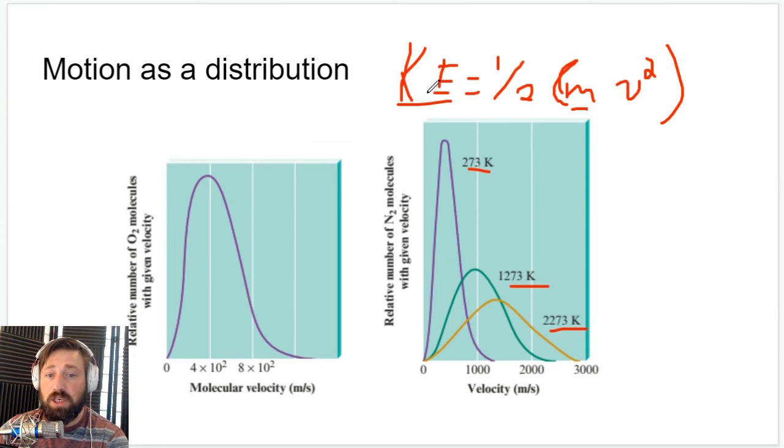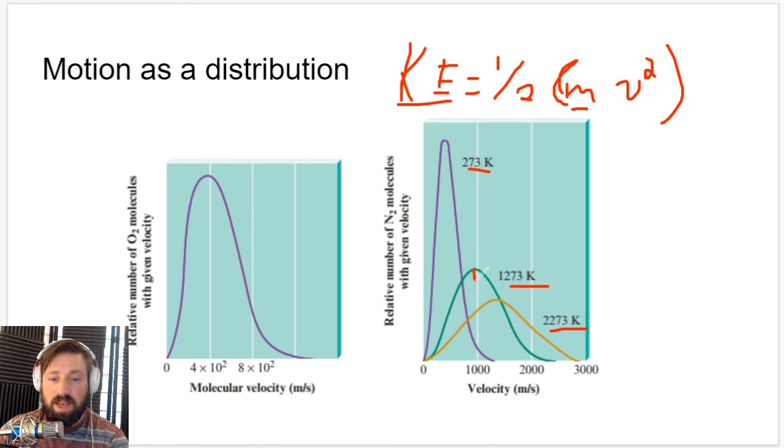Remember, kinetic energy, or temperature, they're the same thing, is made up of two separate things, mass and velocity. In this case, our mass isn't changing. So if I'm increasing the temperature, increasing the kinetic energy, the velocity has to be moving up.